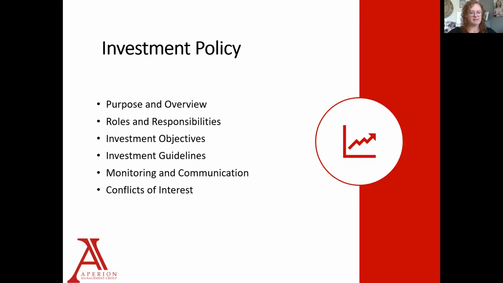Another piece that is important to understand is your investment policy. So if you have a substantial amount of reserves that do need to be laddered or invested, it's always a really important idea to have an investment policy, and we can help you draft that.